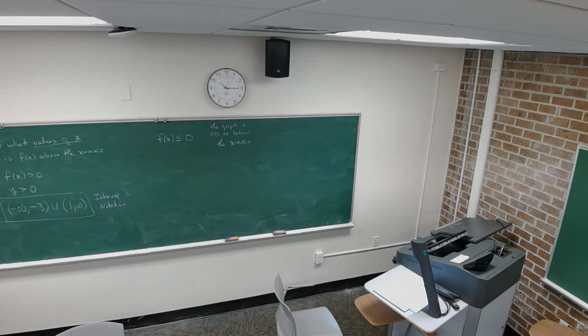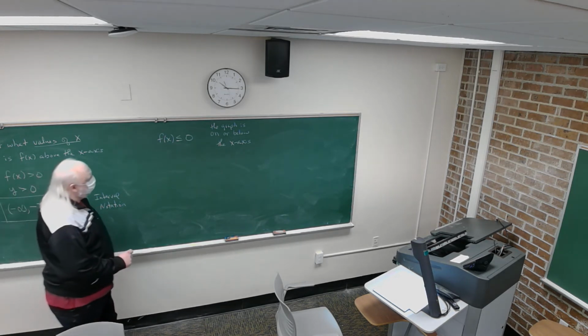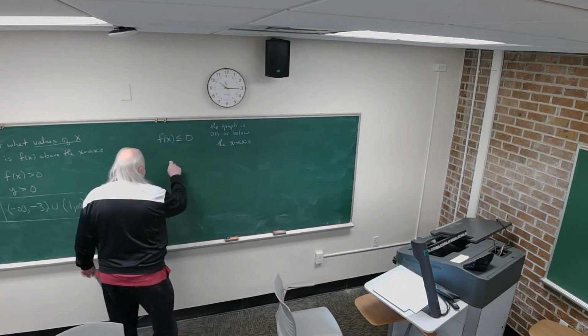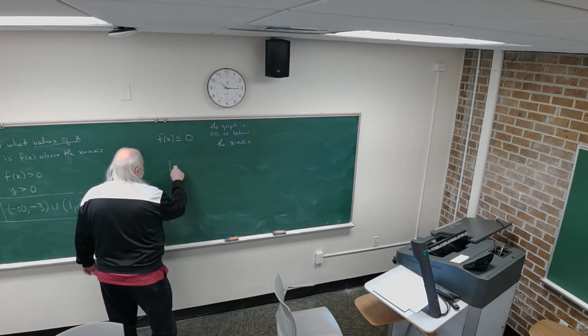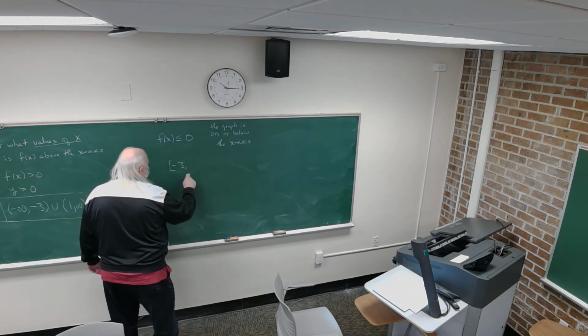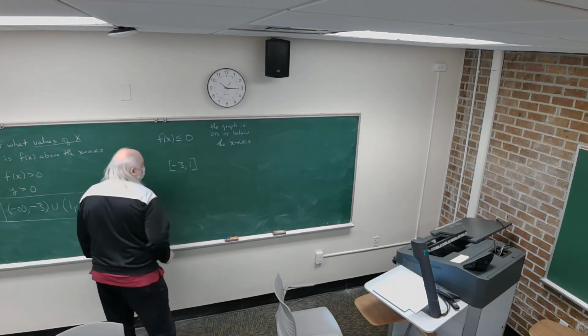Well, where the function values are below the x-axis, that occurs from x equals -3 to x equals 1. All these points on the graph below the x-axis here, they have a y coordinate that is negative. Okay? So to write those x coordinates from -3 to 1 inclusive, we use left bracket -3, comma 1, right bracket.